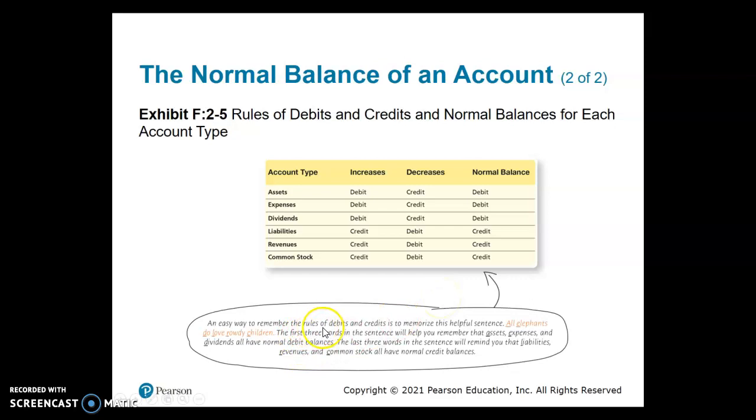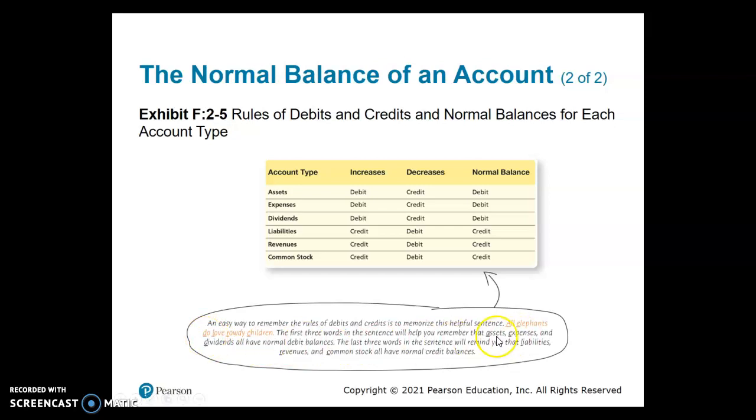Another easy way to remember the rules of debit and credit, the textbook uses this sentence: all elephants do love rowdy children. The first three words in the sentence will help you remember. Assets is for A, all. Expenses is E, or elephants. And D for dividends, or do.